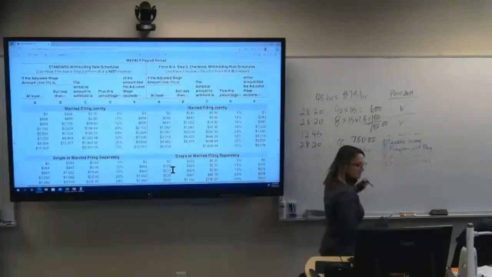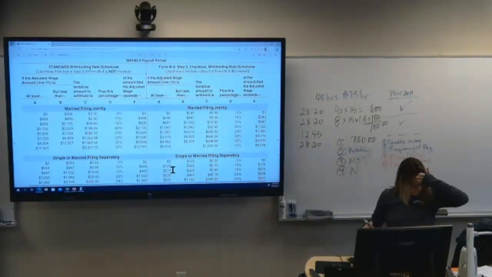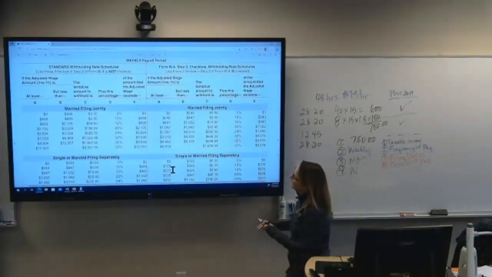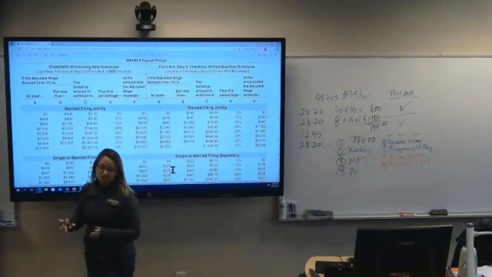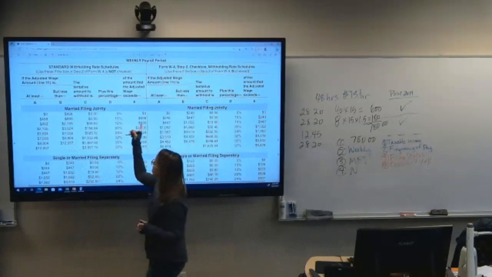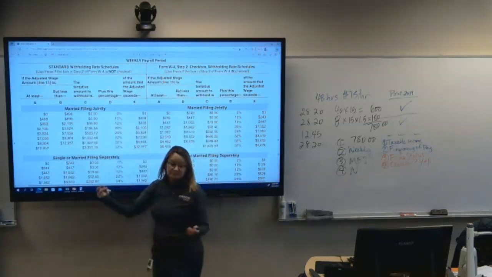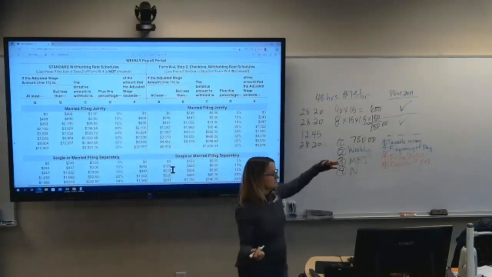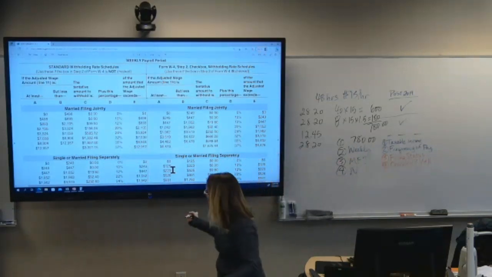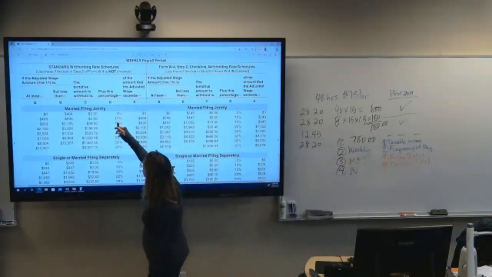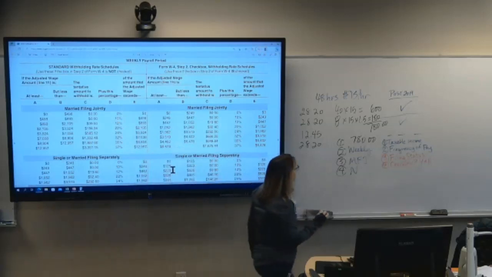Using $780, we're going to find which row it lands in. Okay, 498 and 893. So we're going to use that row. Our tentative amount is 0, so we can remember that, plus 10% of the amount over 498.